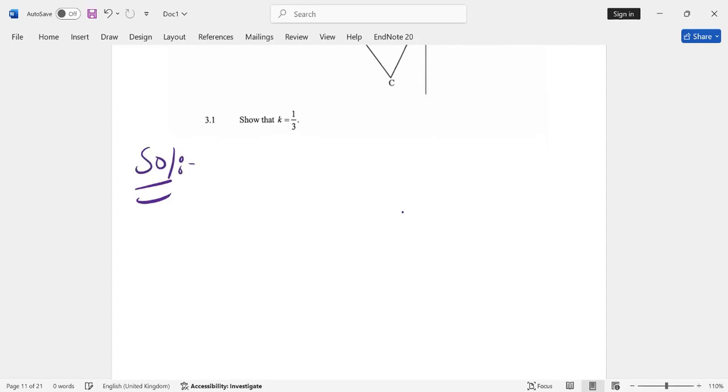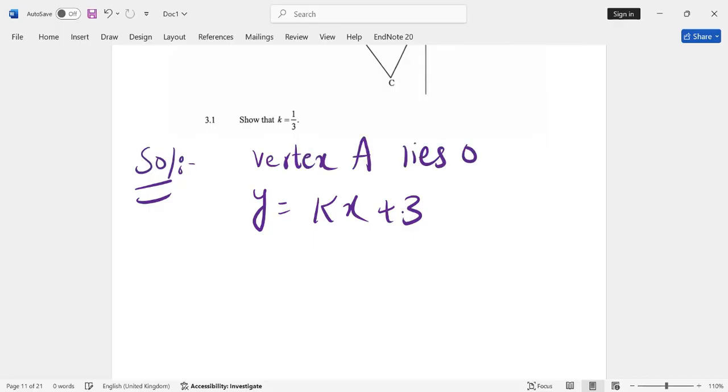So the vertex A lies on the line AB, whose equation is y equals to kx plus 3. Okay? The vertex A lies on line AB.